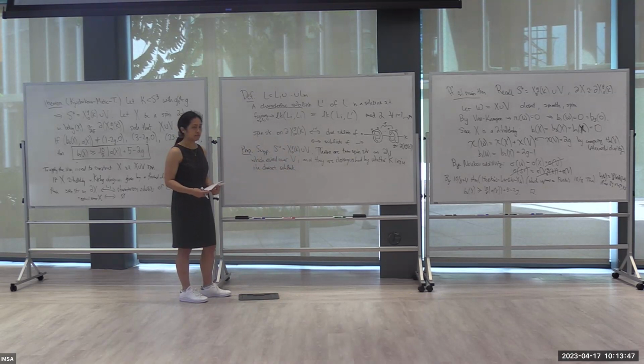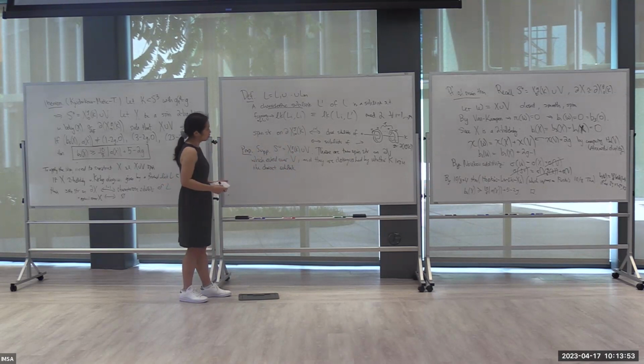Just so I make sure I understand the picture: if K is the knot, then what is V?